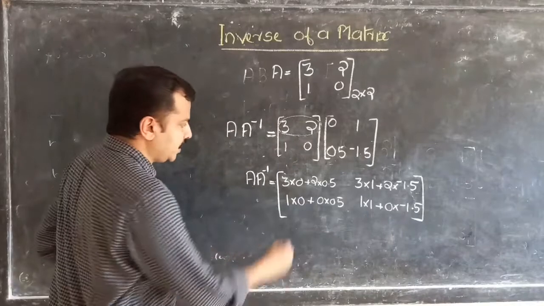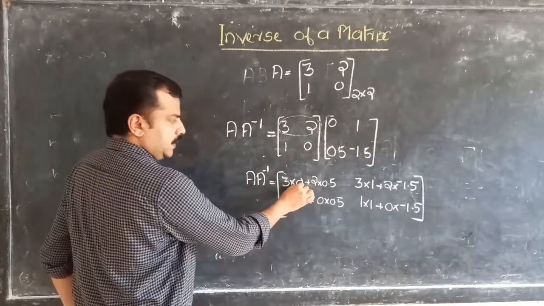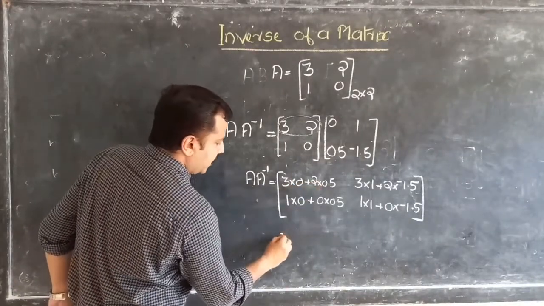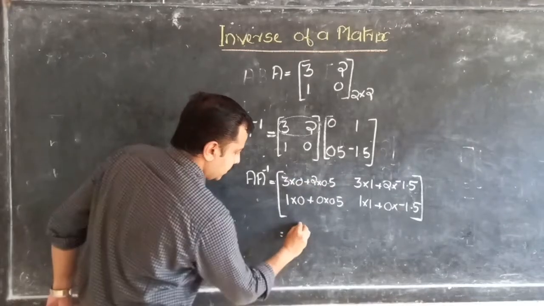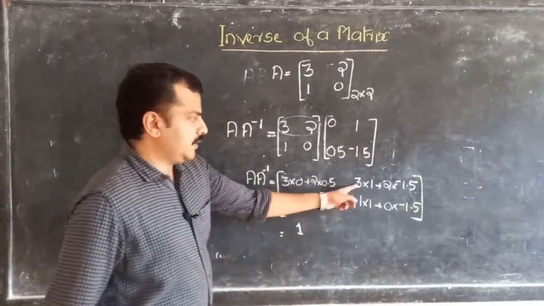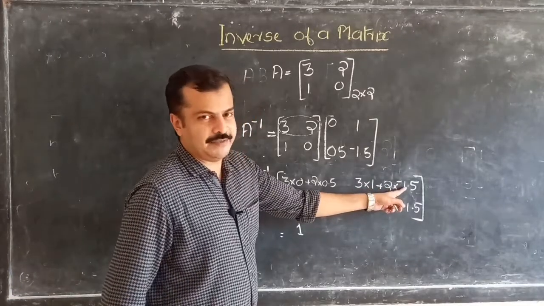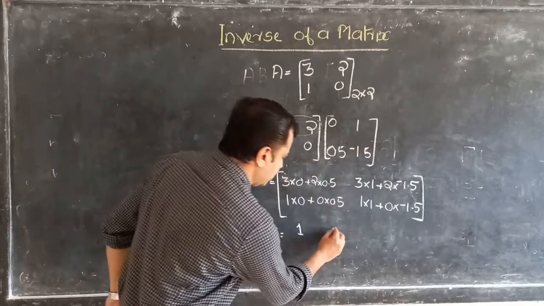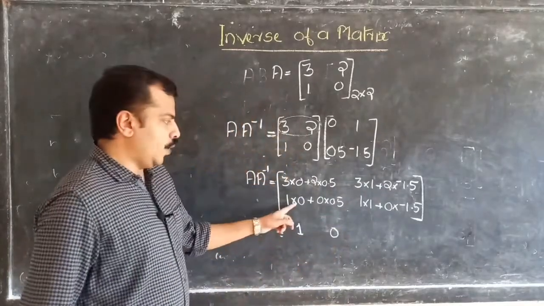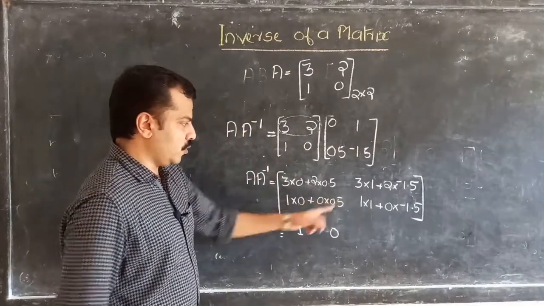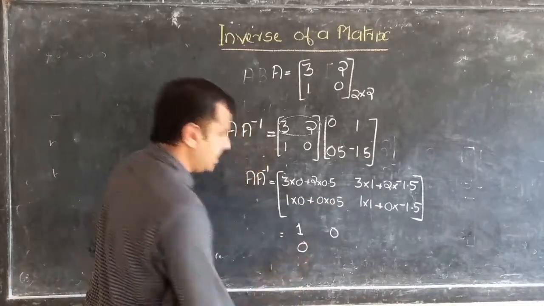So what will be the solution? 3 into 0 is 0, 2 into 0.5 is 1. So here we will get 1. 3 into 1 is 3. 2 into minus 1.5 is minus 3. 3 plus minus 3 produces 0. 1 into 0 is 0. 0 into 0.5 is also 0. I have 0 here.